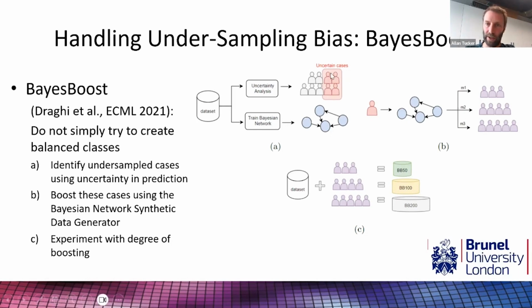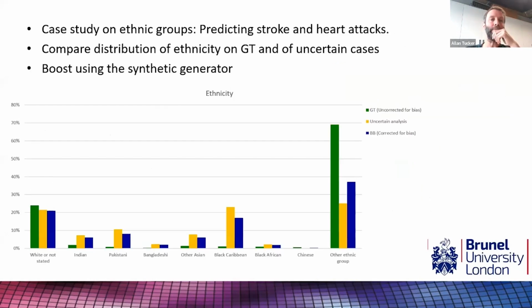If we can identify those people, then we can compare them to the general population and use our synthetic data generator to boost that type of population so that they're represented more within our data sets. And that's exactly what we've been doing with Bayes boost: using this underlying synthetic data generator to boost individuals who have proven difficult to predict.